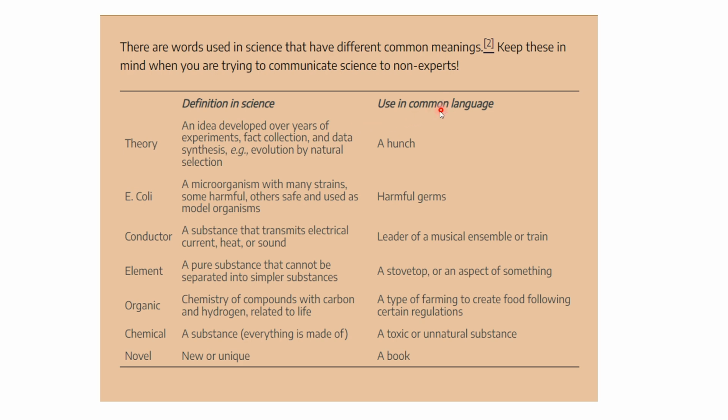But in common language, organic is something like organic farming. So that is what the people understand. When I consider a chemical, in science it is a reagent or a substance. But in common language, for them it is something which is hazardous. So people do not know the technical stuff.